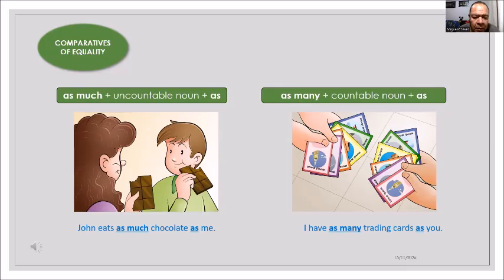To form comparisons of equality with nouns, we use the following formula: as much plus uncountable noun plus as. For example, John eats as much chocolate as me, or as many plus countable noun plus as. For example, I have as many trading cards as you.